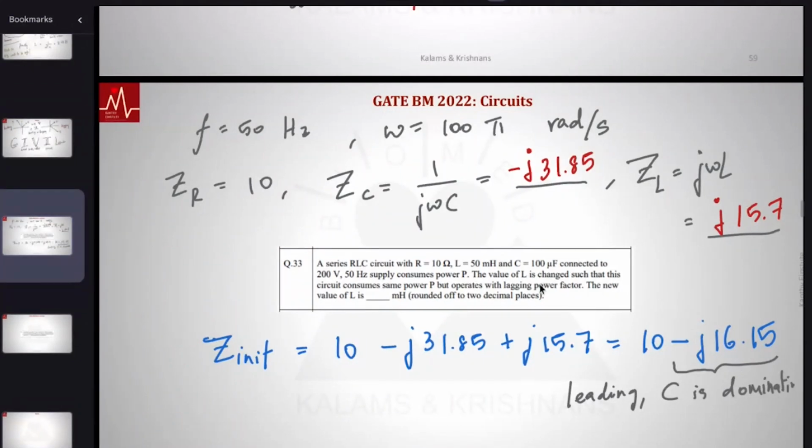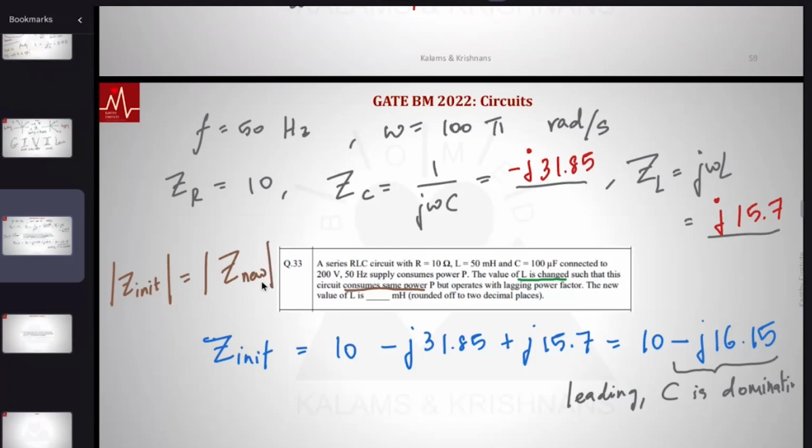Now the value of L is changed such that it consumes the same power. Let's highlight that: the magnitude of Z initial equals the magnitude of Z new.